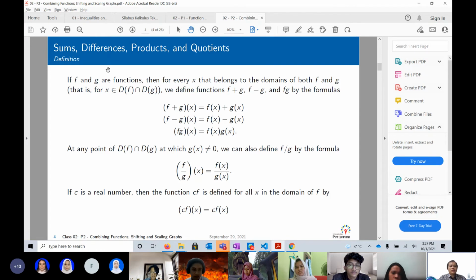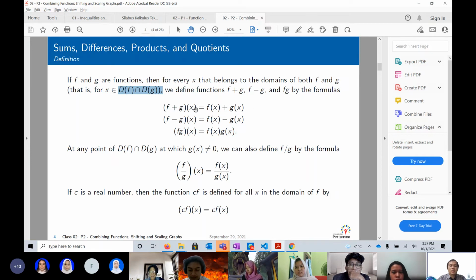First, the definition of these operations. If we have f and g to be our functions, then for every x that belongs to the domains of both f and g, that is, x must be in the domain of f and also in the domain of g, we can define the addition, difference, and product by this formula.